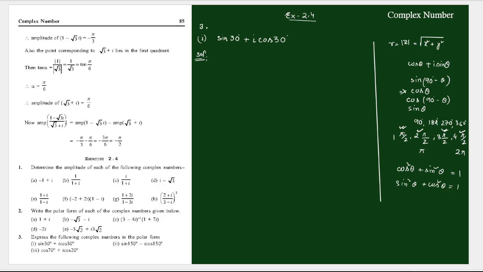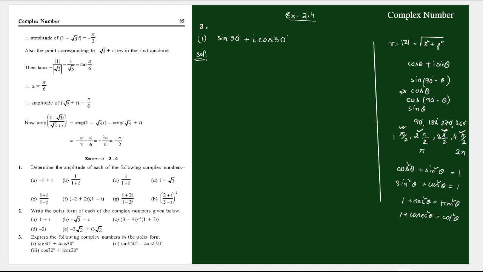Then I think 1 plus sec square theta is tan square theta, then 1 plus cosec is cot square theta, or 1 plus cot square theta is cosec theta.